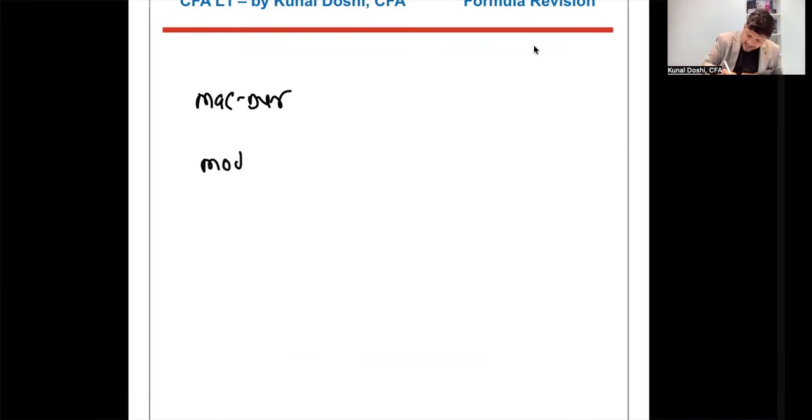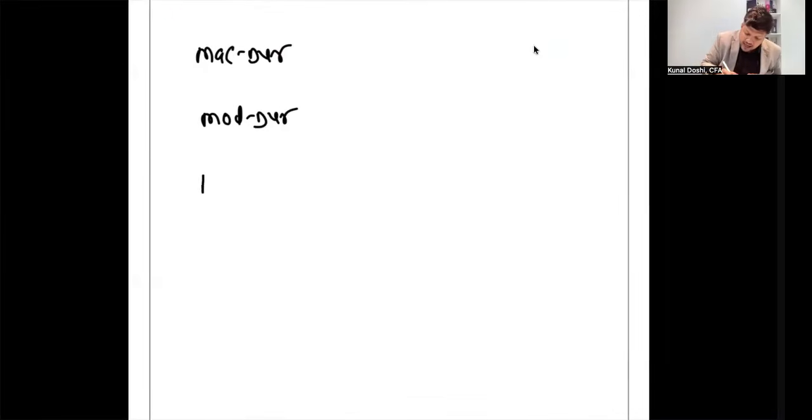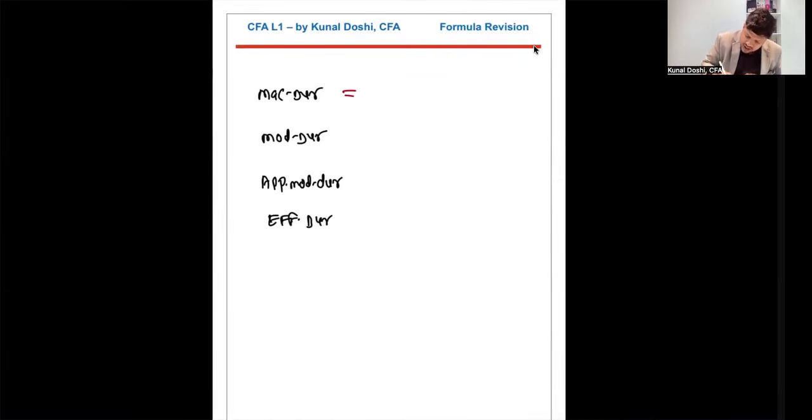But then we adjust the duration to make it like a sensitivity called modified duration, which is only appropriate for small change in yield. So then we calculate another duration called approximate modified duration, highly testable. But this is for option-free bonds. So then we calculate effective duration. Are you with me? All these durations, and why?